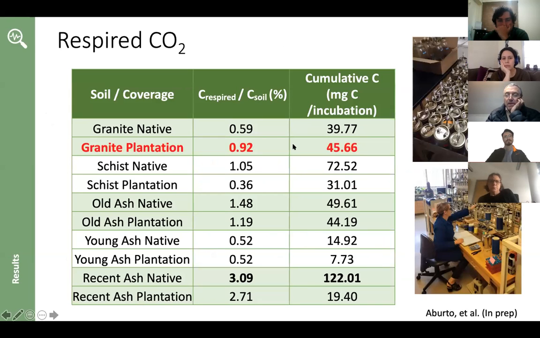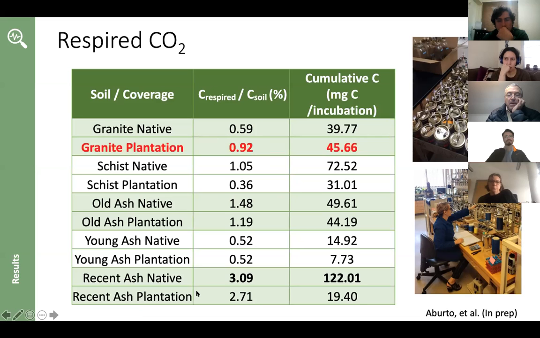We also looked at the respired carbon. We did an incubation experiment, and Claudia Czimczik and her lab received us and helped us perform all this analysis in Irvine. What we saw is that in most of the sites, the respiration in the native forest sites was higher than in the plantations, except for this granite soil, in which plantations respire more, and a higher fraction of their carbon.